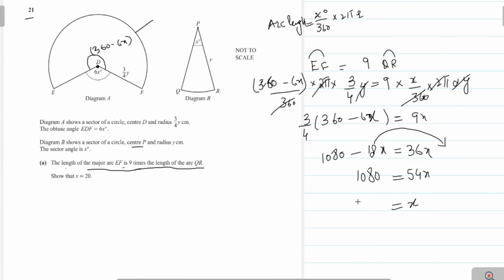Now x will be equal to 1080 divided by 54, and this will be equal to 20. 54 times 2 is 108, 54 times 0 is 0. Therefore, x equal to 20 is the answer.